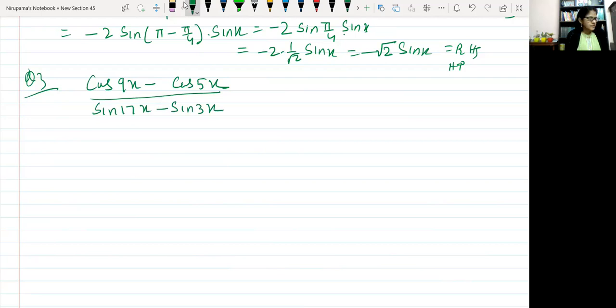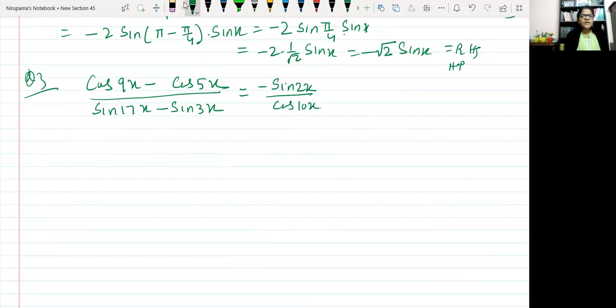Prove that this is equal to minus sin 2x divided by cos 10x.